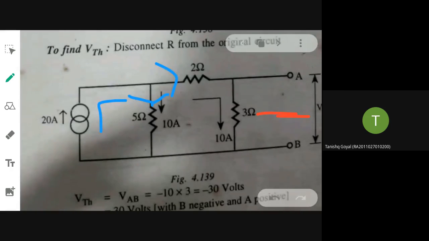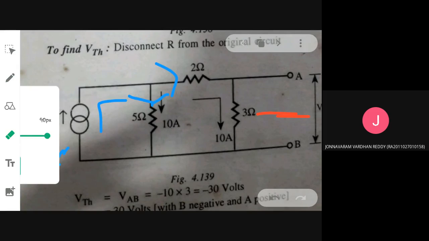20 ampere is a source, so I is equivalent to 20 ampere. The resistance is equal to 5 ohms. So what will be the voltage?